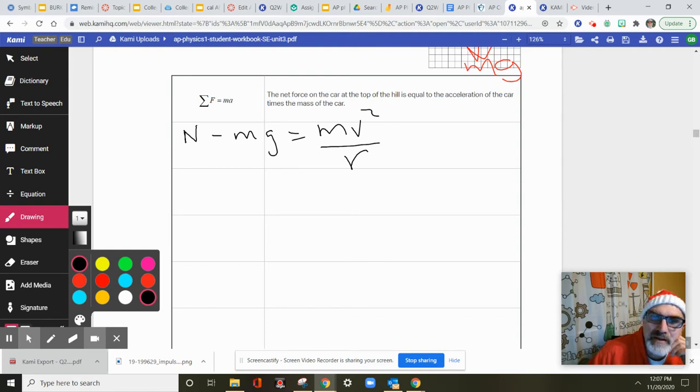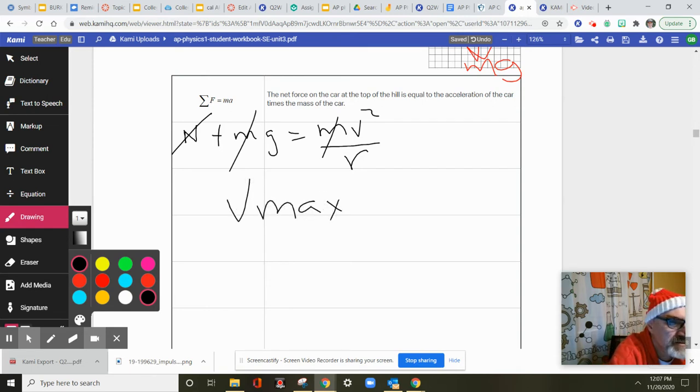If the car is going at the maximum speed and just leaves the ground, then the normal force is 0. Then the gravitational force is the only force contributing, and the masses cancel. The maximum speed is equal to the square root of g times r, so ignore the negative sign. Oh, that looks familiar.